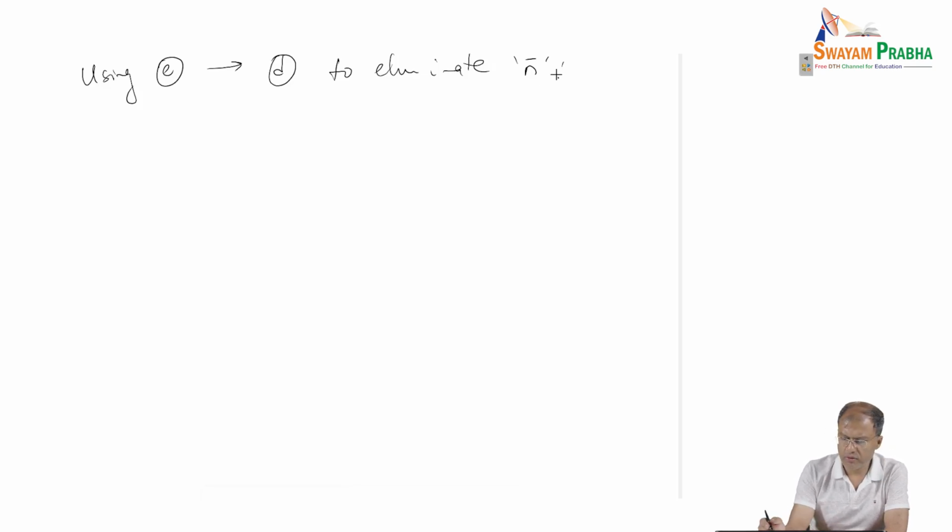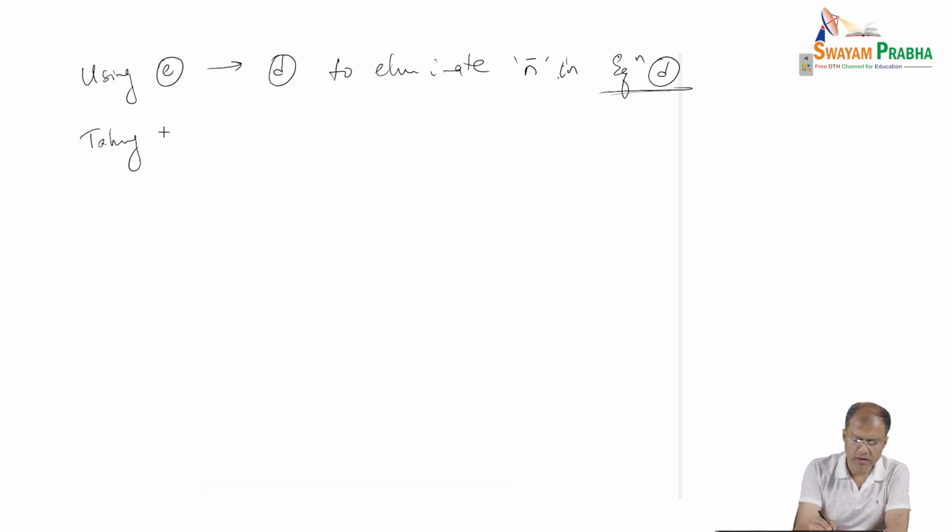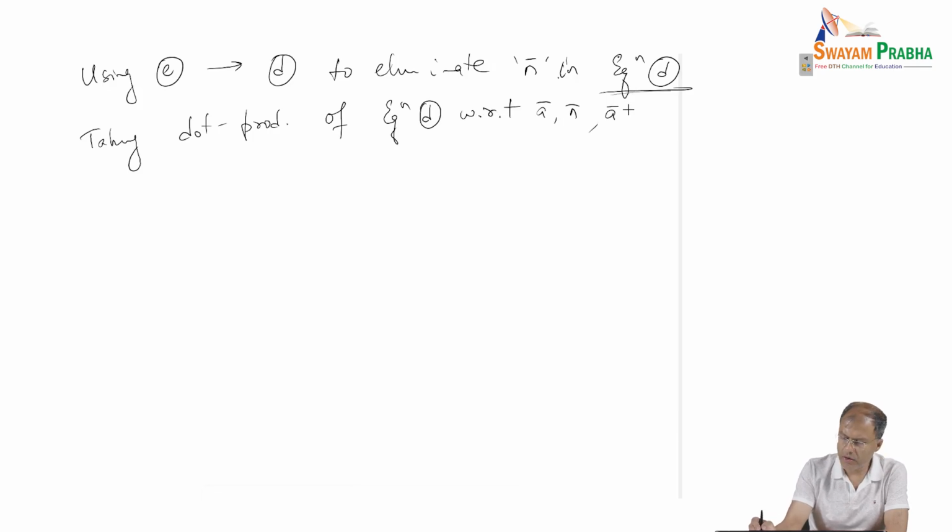So this is eliminating n in equation D, the giant equation. Now if we take the dot product of equation D with respect to A, n and A cross n, these are my various three vectors.